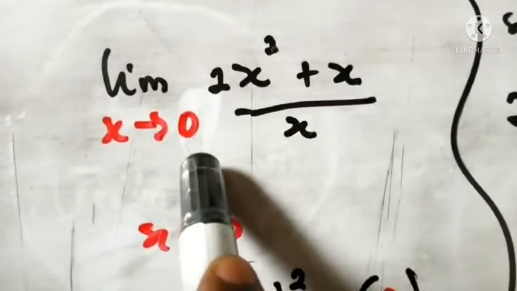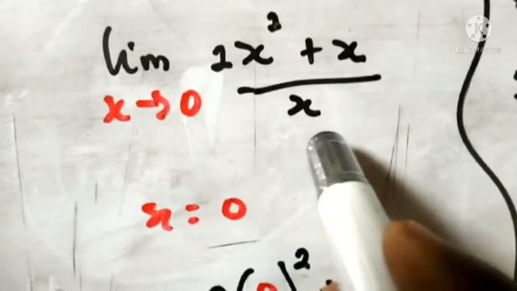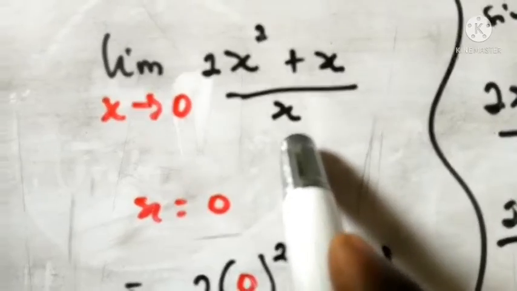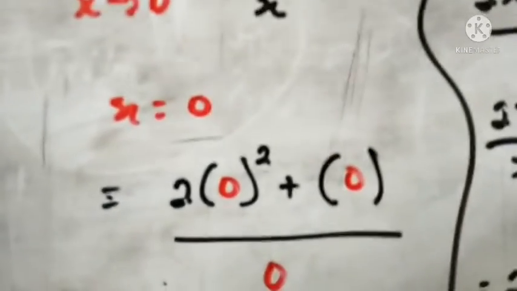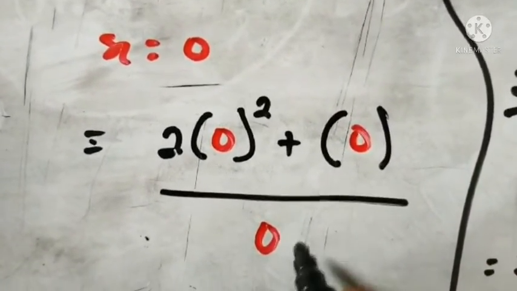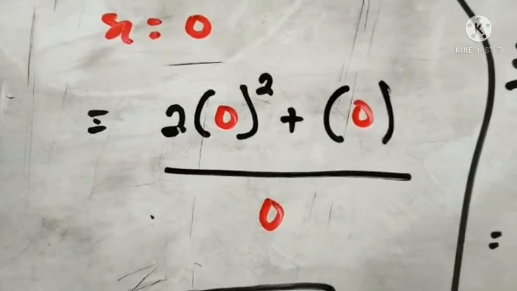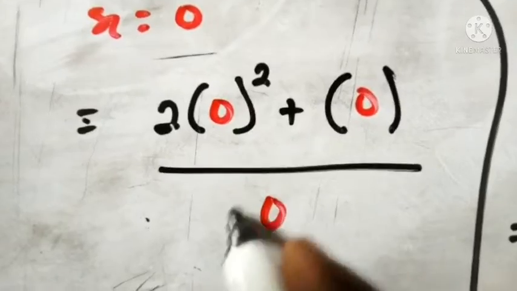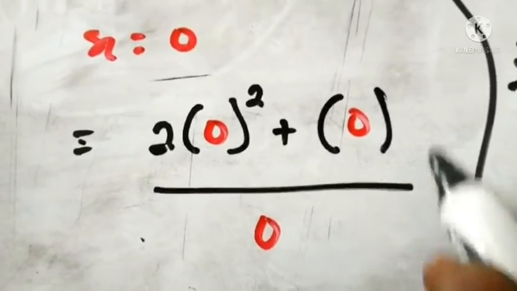We are going to divide by 0. So when x is equal to 0, we replace the x here by 0. Here we are dividing by 0, which is not possible. It is not defined in math. You cannot divide anything by 0. You cannot share any amount among 0 people.